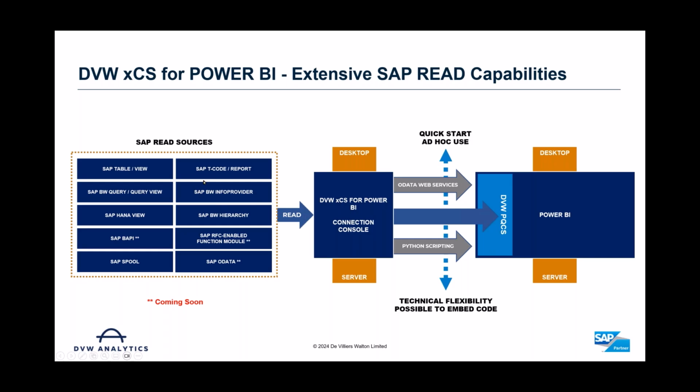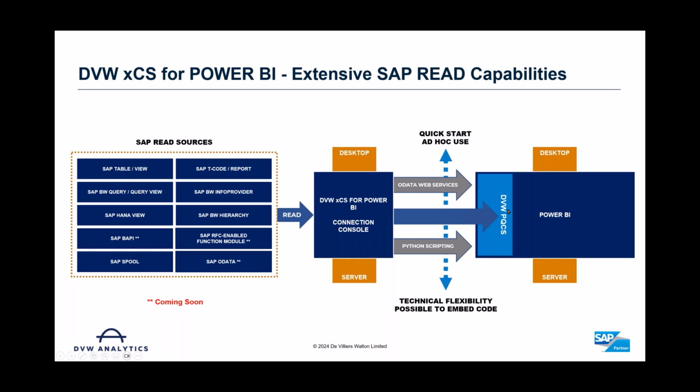Now we've seen that could be T-code data, as we've just seen. Equally, it could be table data, BW queries, HANA views, and coming soon, things like being able to pull from OData. That covers off the cloud solutions, things like S4HANA public solution, which connects using OData and even using BAPIs. Okay, so everything is connected, and central is the connection console.